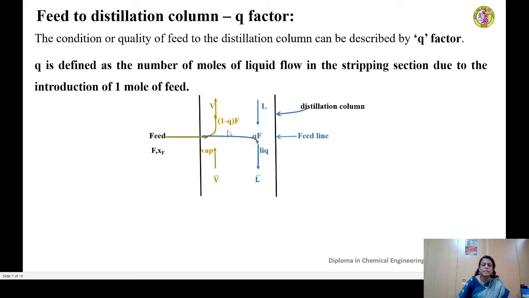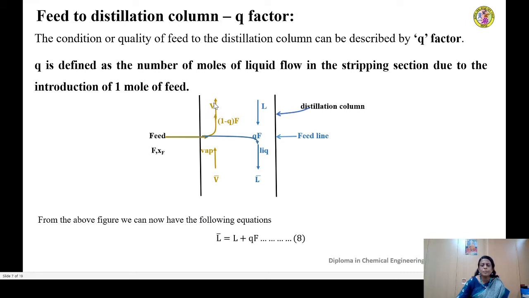That is, partial vaporization takes place due to the introduction of the feed. As a result, the liquid flow rate reduces, but the vapor flow rate in the upper direction increases. So that is how the feed entering at different conditions alters the vapor and liquid flow rates at the feed plate, that is, inside the column.